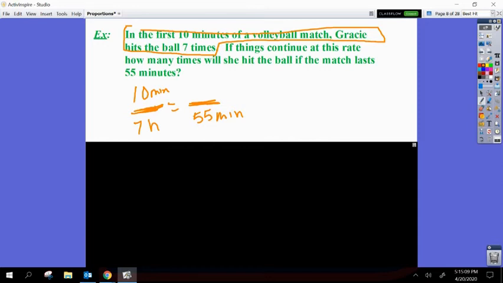Again, consistent means do the same thing. I put minutes on the top on the left, so I have to put minutes on top on the right. And then to solve this, I would cross multiply 7 times 55, and I would divide by 10 and get my final answer.